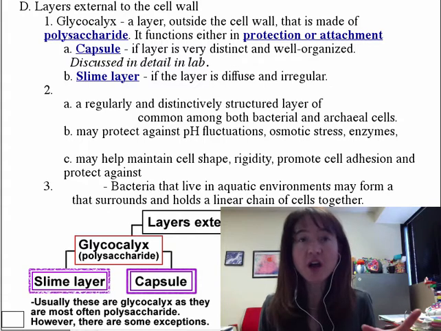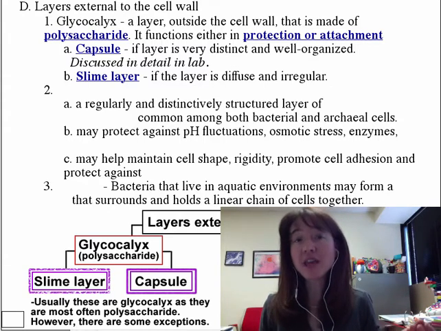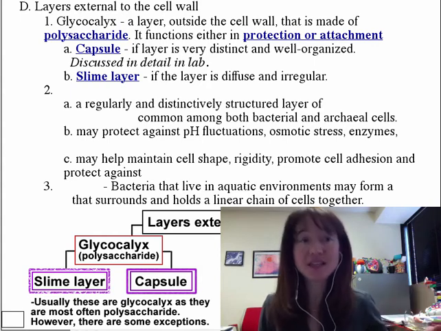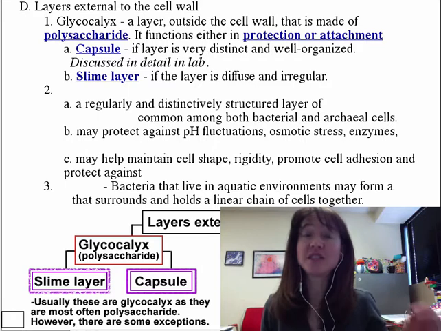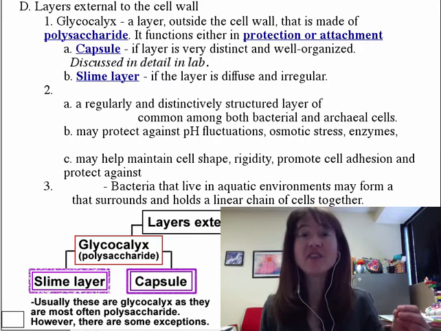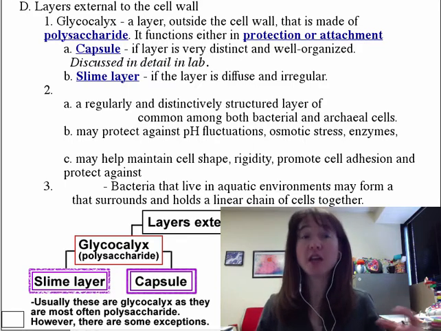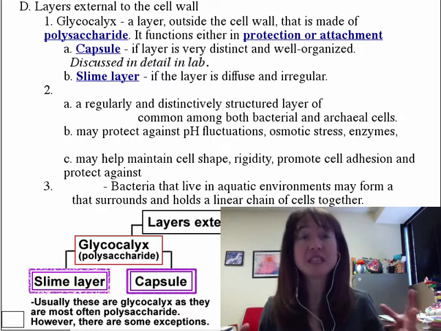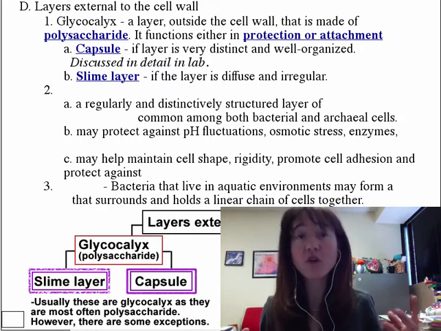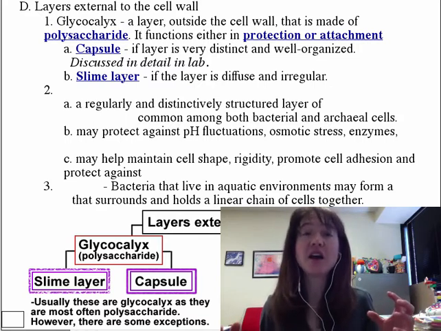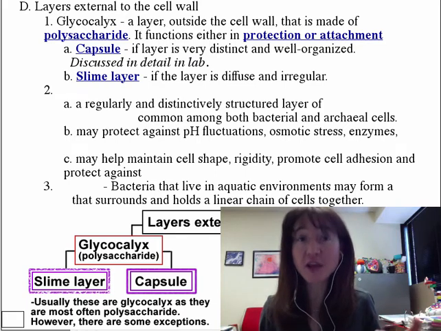In lab, we're going to talk in detail about capsules and their nature. Slime layers are a little less distinct than a capsule, but in both cases, they provide a lot of protection. For example, if a cell has a well-formed capsule, it has a very good defense against phagocytosis.